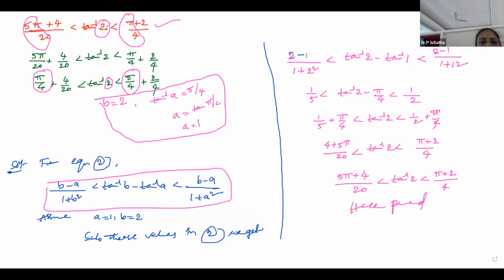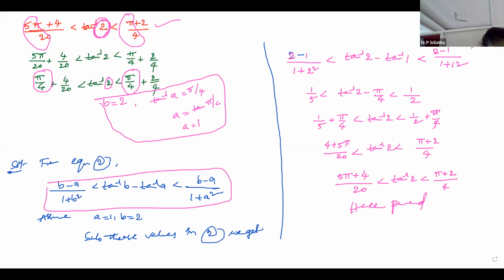From this you need to identify what is A value and what is B value. Always in between we are having B value. Very good. Roll number 64.